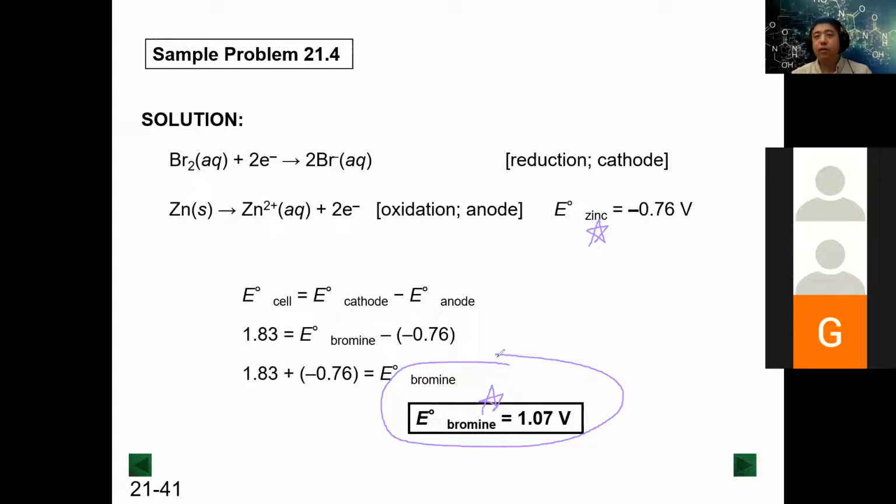Once again, if it has a higher number, this is more likely to undergo reduction. So if this is the one that undergoes reduction, this is where the cathode happens. This is the one that will receive the electron. This is the one that will give the electron. Okay? You can almost think of it like the number is larger, this is the bully. This is the one that collects the lunch money from the other one. Okay, any questions?